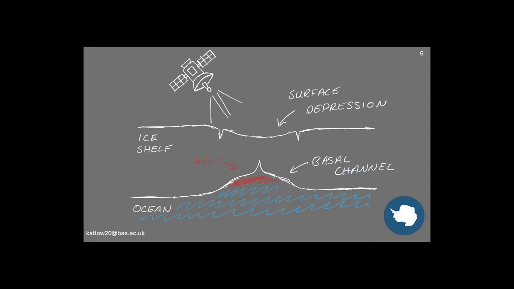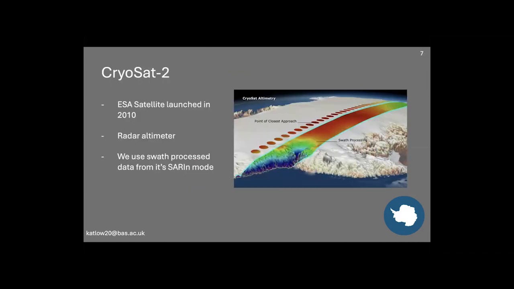So what I first set out to do was to see if we could do that. Can we use satellite data to create a time series of melt rates on this channel scale? And if we can, what can we learn about the dynamics of melt rates on a channel and how might that change in time? So to do that, I've been using Cryosat-2.